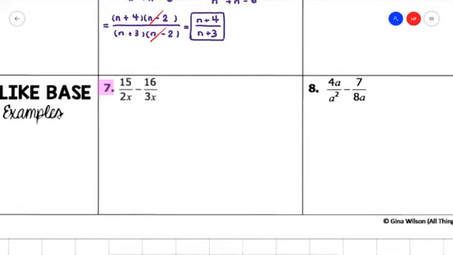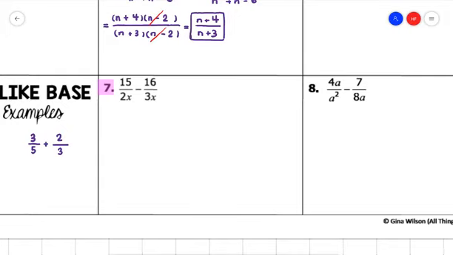Now on number 7, we do not have common denominators. So we have a 2x and a 3x. So let's say we had 3/5 plus 2/3, we would find a common denominator.